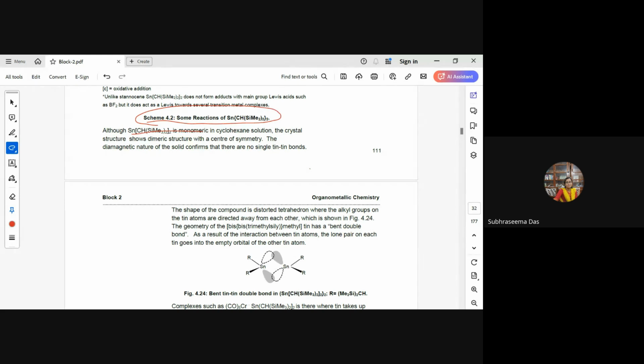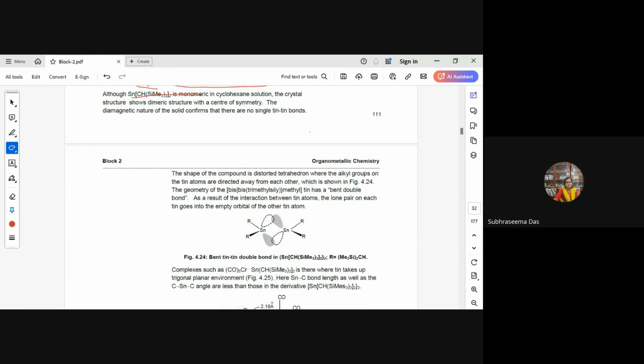It was isolated as a monomer, but when the X-ray crystal structure was studied, it was found that it exists as a dimer. Further analysis of the structure revealed that the geometry of the molecule has a bent double bond, as indicated here. When we look into the tin bond, it is called a bent double bond.